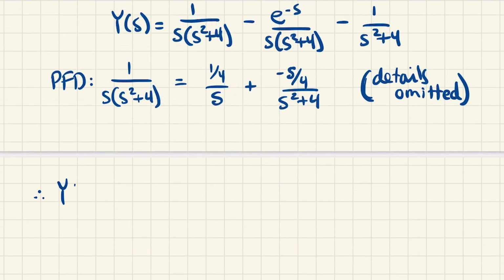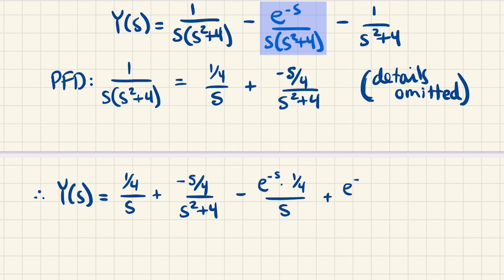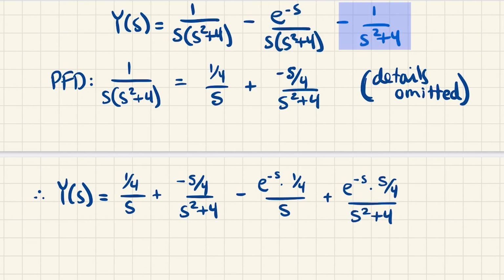Okay, so our capital Y of s is equal to this term, which unwraps to the following pieces, and this term, which unwraps to the same pieces but with an e to the negative s factor thrown in. All right.